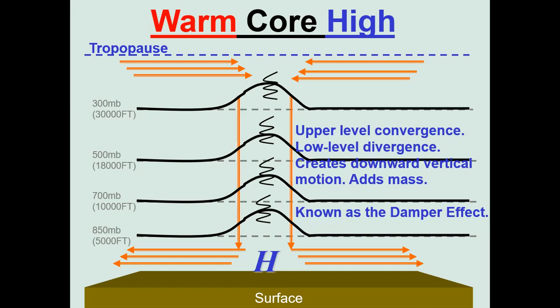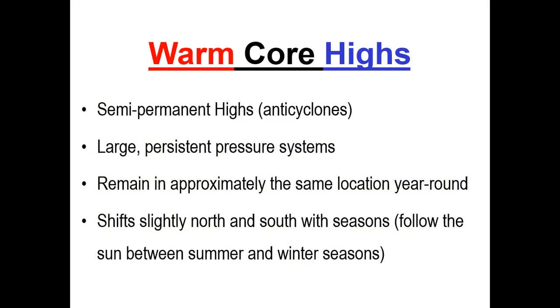And by the way, when the upper level converging air streams are greater than the lower level diverging air streams, you get more mass accumulated in the upper levels of the atmosphere. You get greater sinking motion, and this is known as the damper effect. Here are some of the other interesting facts about warm core highs.